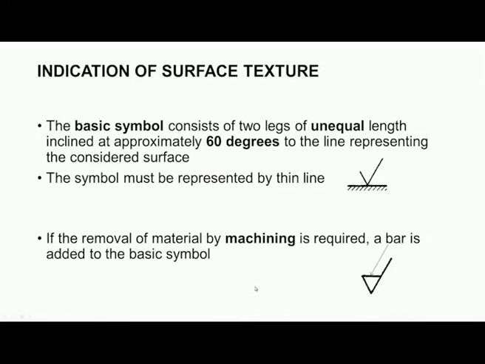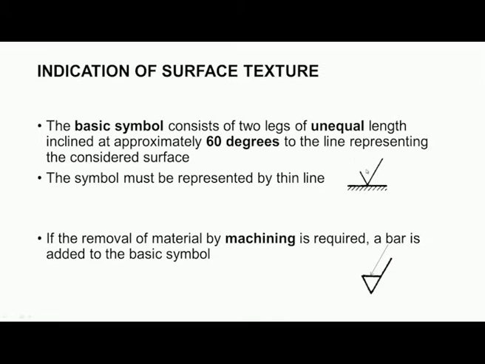Now, after understanding the basics of surface finish and how to produce the finish, we will understand how the surface texture is indicated on technical drawings. You can see here we have two lines separated by 60 degrees, one longer line and one shorter line.